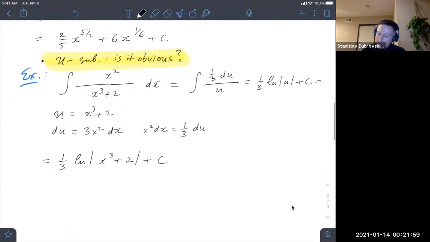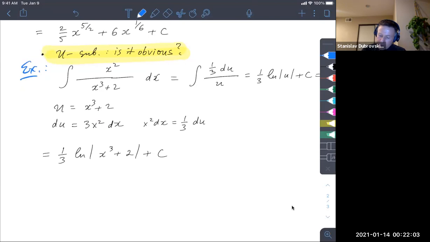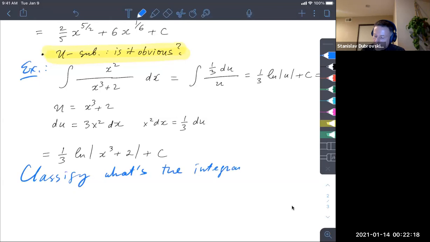Maybe we want to classify what's under the integral. What's the integrand like as a function?